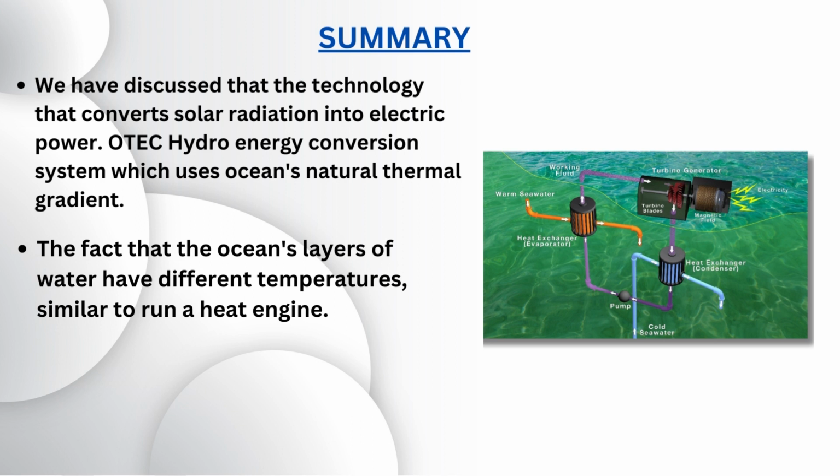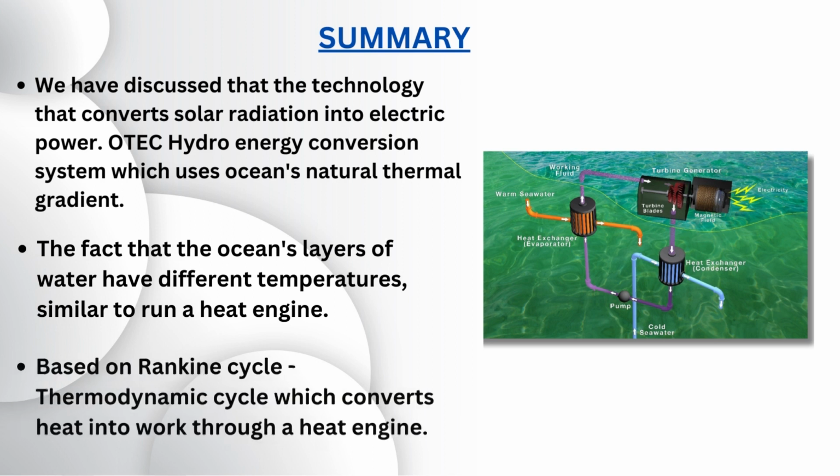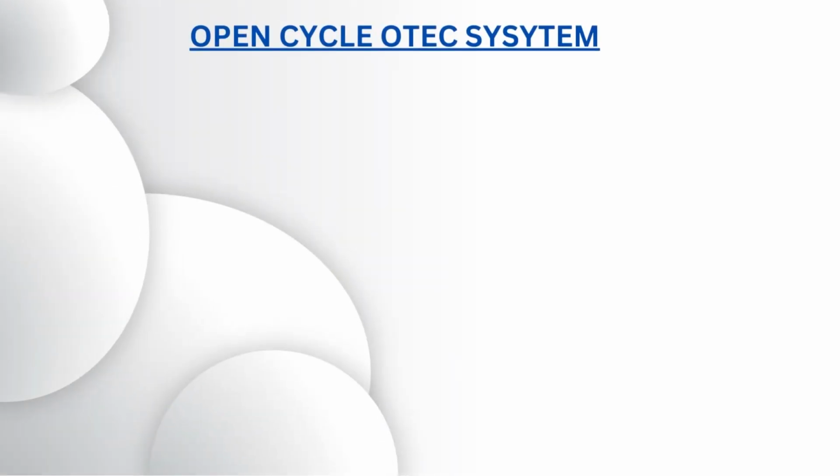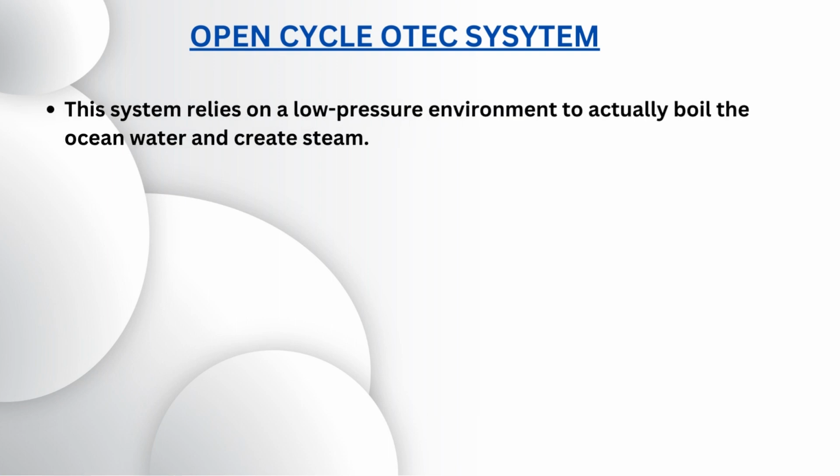We have discussed that it is based on the Rankine cycle. We have discussed that for a country like India, which has a long coastline, it is a very good alternative source of energy. We have discussed open cycle systems, and we have learned that this system relies on a low pressure environment to actually boil the ocean water and create steam.